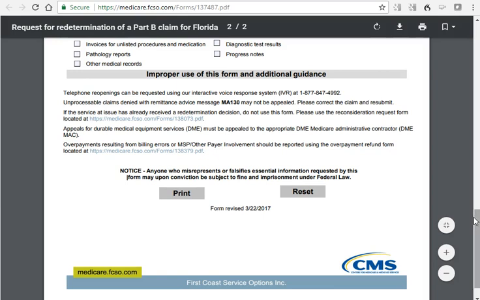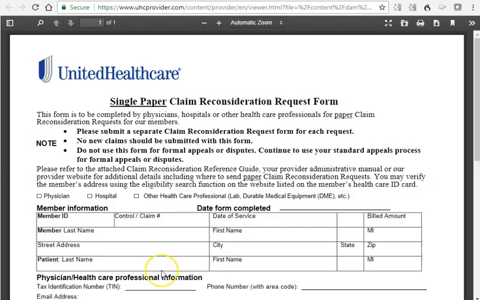We're going to move on to a commercial carrier, which you may be familiar with, called United Healthcare. All right, so we have here the United Healthcare paper request form.